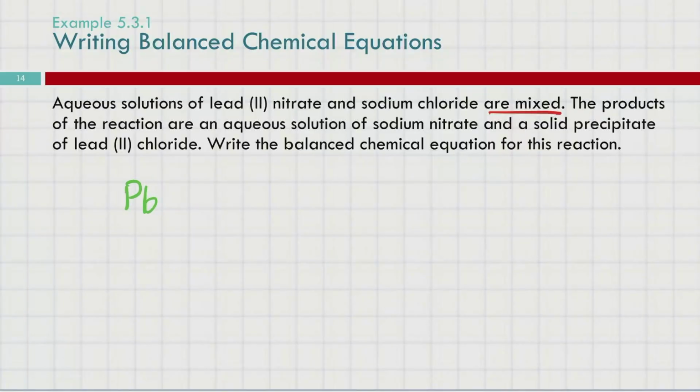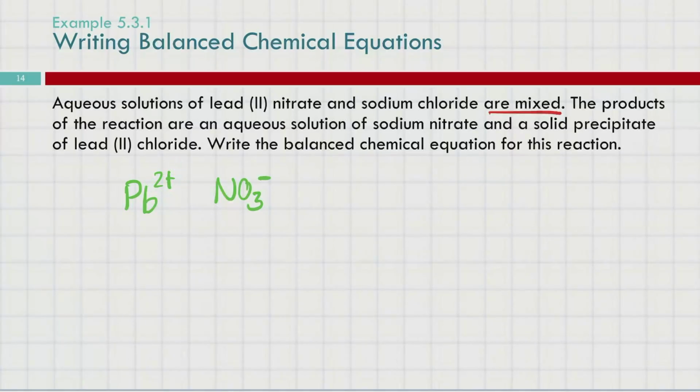What is nitrate? Sorry, it's also lead 2, so lead 2 plus. What's nitrate? Refer to your green sheet. NO3 with what charge? Negative. NO3 minus. This is an ionic compound.